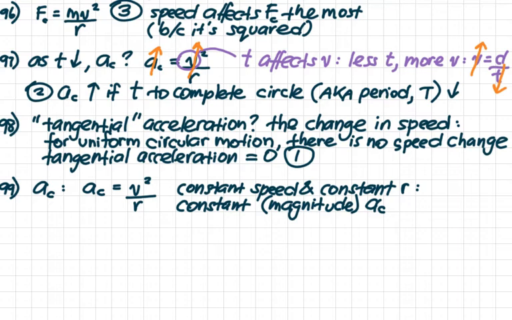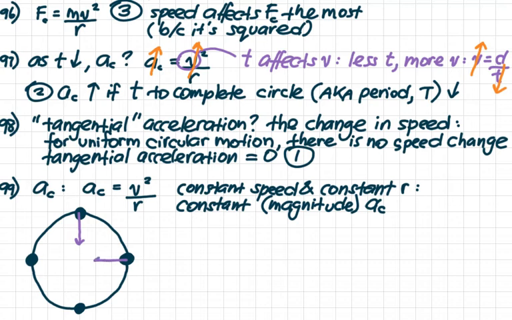Let me show you what I mean by that. You have something moving in a circle, and the acceleration is always pointing inwards. So the centripetal acceleration always points inwards. But if we're talking north, south, east, and west, then the centripetal acceleration is always changing.